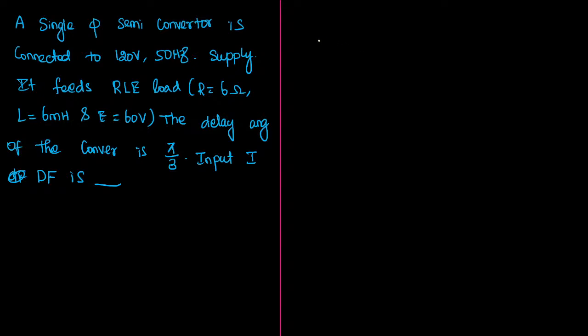I always requested you all, if a question is given, it doesn't matter whatever data they have given, don't focus on that. Just only focus on the question. The question means we are supposed to calculate only the distortion factor. So what is the formula or procedure to calculate the distortion factor? First write that down and then collect the required data from the question for that particular question.